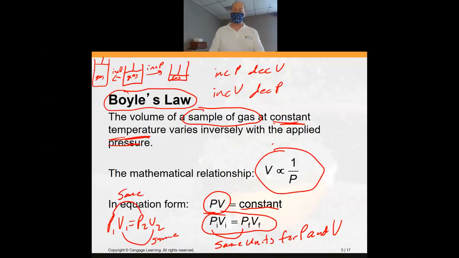As long as they are the same, they will cancel. So if I give you bars, and the question is what's the final pressure, you're given that final pressure in bars. You don't need to know what bars is, but you need to know that in this equation, whatever the pressure unit is on this side, that's the pressure unit on the other side.